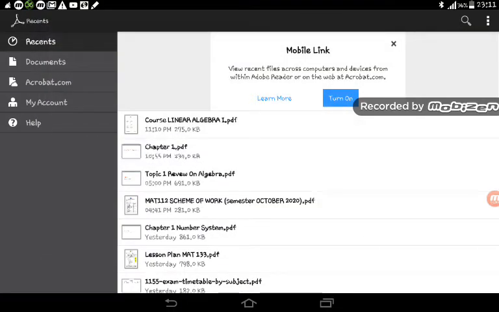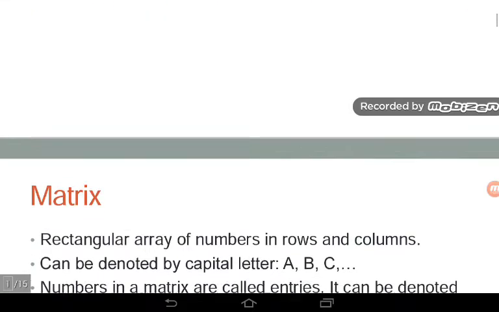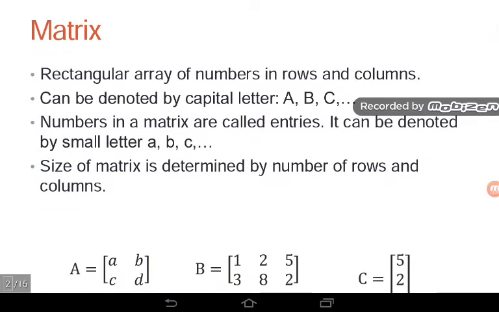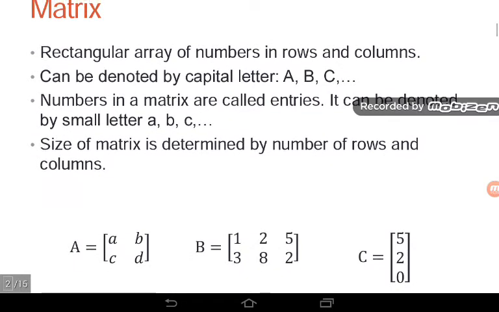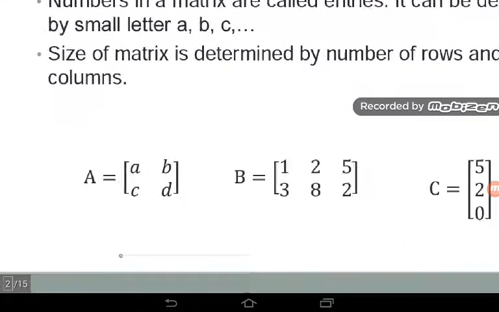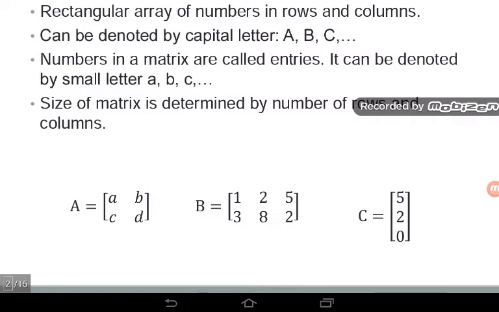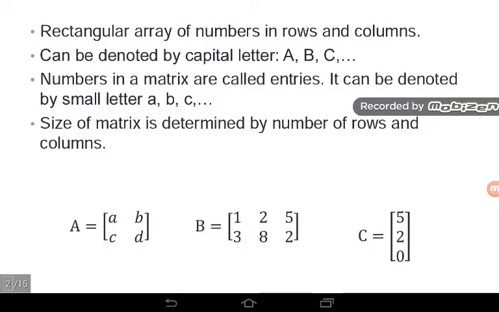So what is a matrix? A matrix is a rectangular array of numbers in rows and columns. For example, matrix A, B, and C. The shape of the matrix is a rectangle.